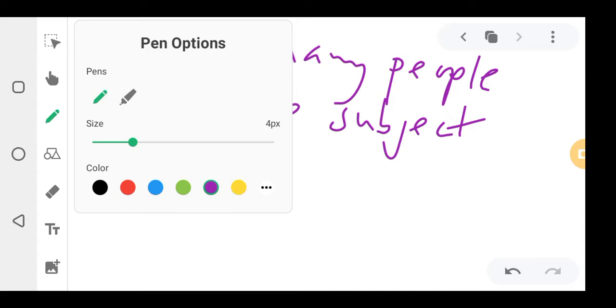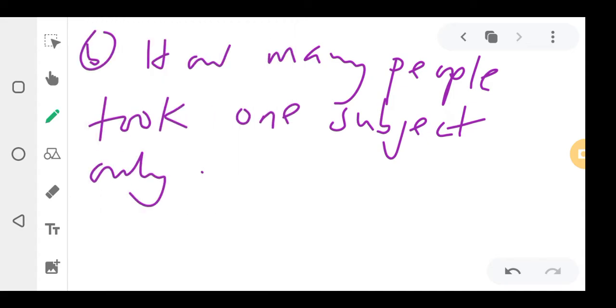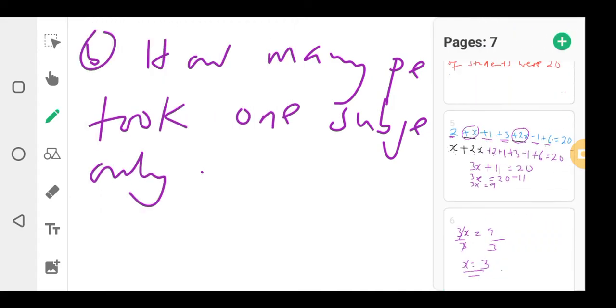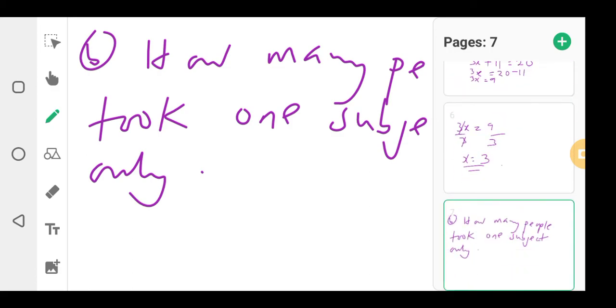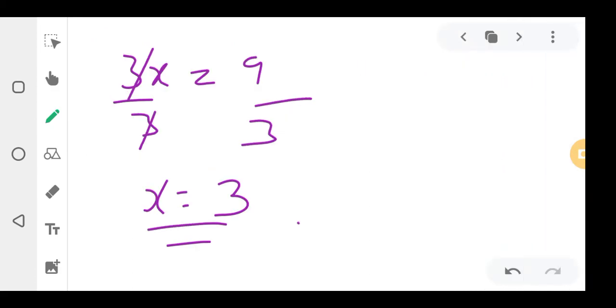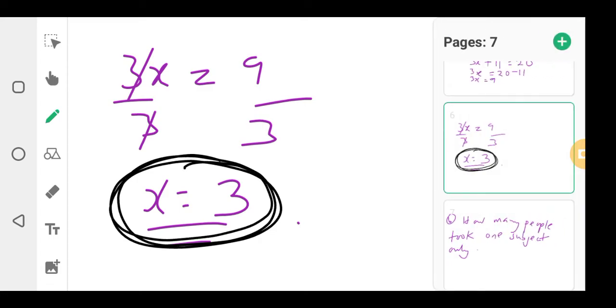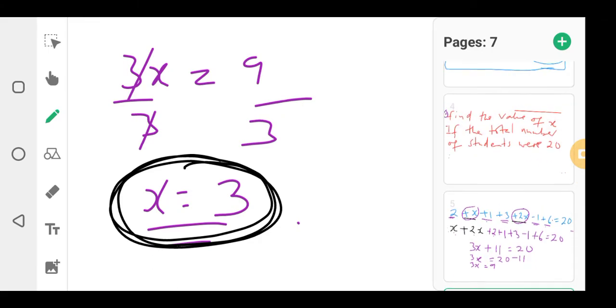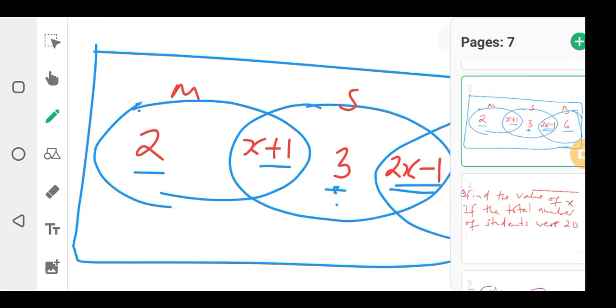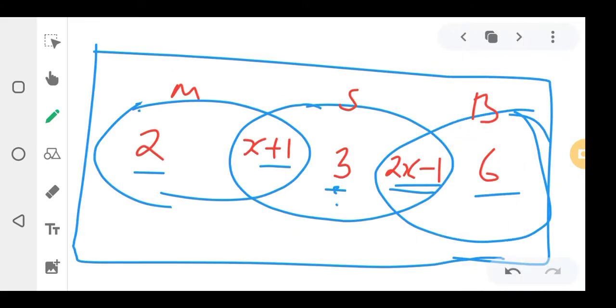I taught you how to do this. One subject only means the element should be independent. You already know that x is 3. Do not forget that x is 3. In your mind you should know that wherever there is x, there is 3, because you've already calculated the value of x. So don't start getting confused now.